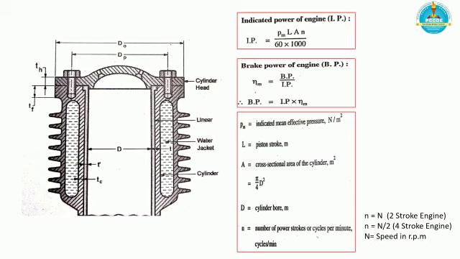You have to see whether the engine is a 2-stroke engine or 4-stroke engine, and depending on the type, you need to select the N value. Here PM, L, A, N all will be the given data, and you need to calculate the indicated power, or you may be asked to calculate the brake power.